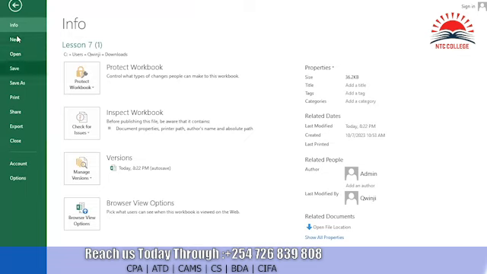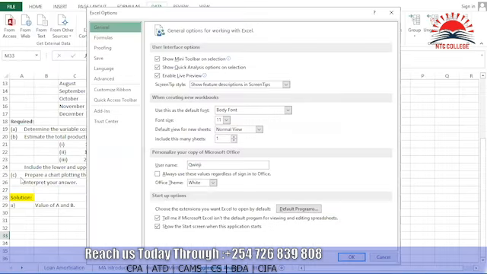I want you to click on this last one called options. Have you been taken to a new window? On that window, again, look at the left. You have many items, including general, formulas.